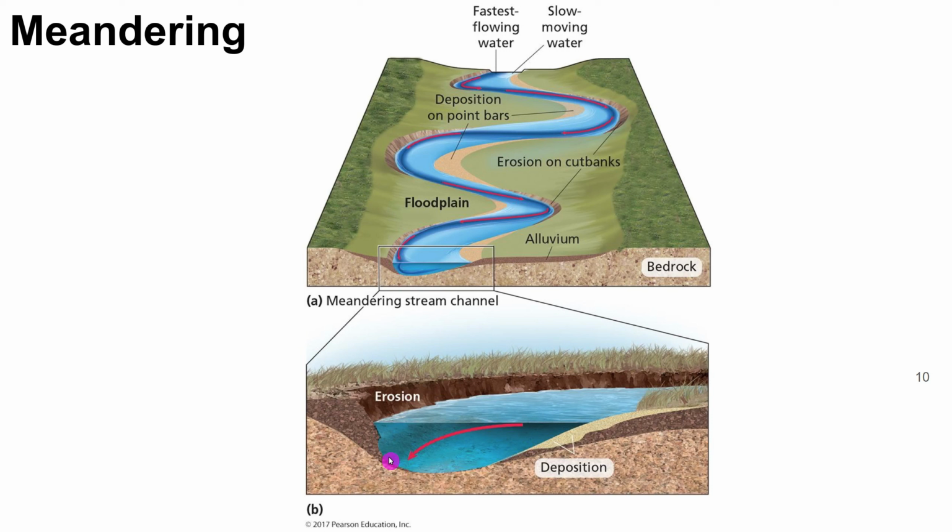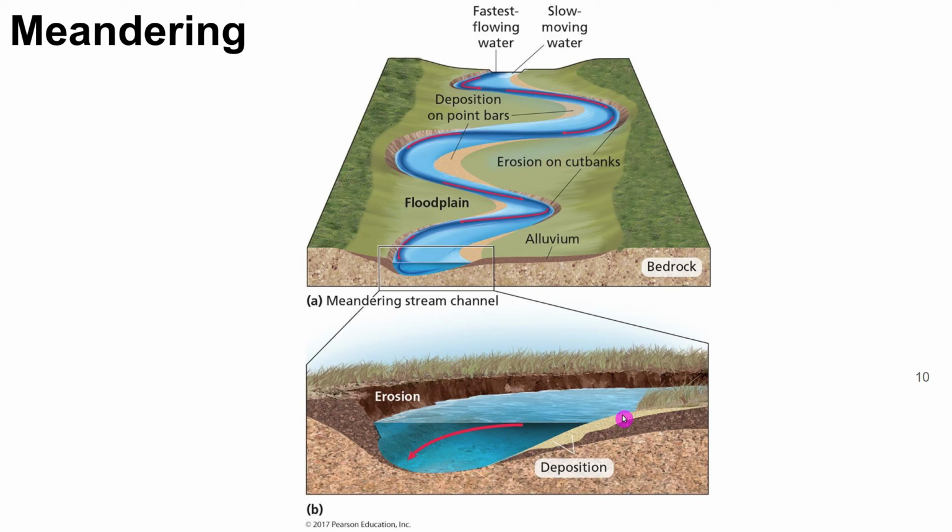The speed, to some extent, depends on the slope, how steep it is. Steeper rivers travel faster. It's pretty easy to make sense of. But within the river, on the outside bank, that's where it's going fastest. So it's picking up and eroding on the outside bank. The inside bank is where it's going slowest.